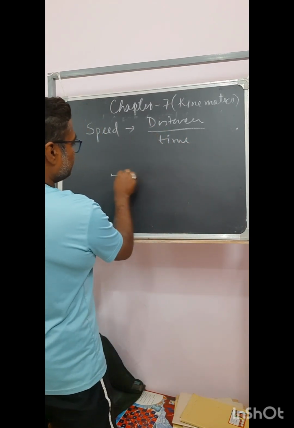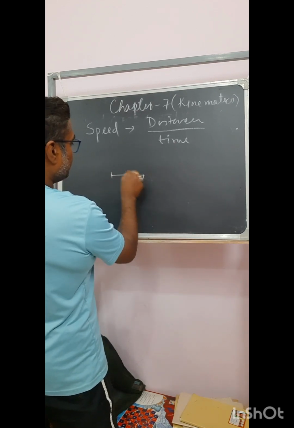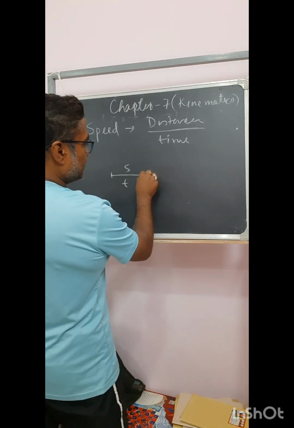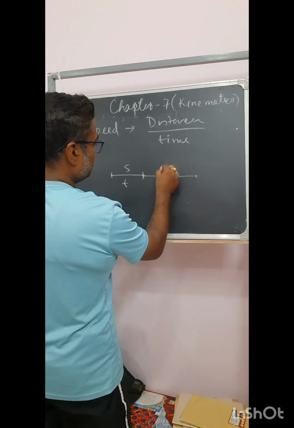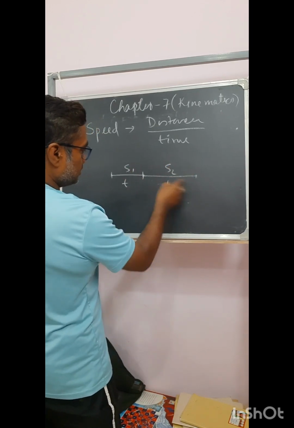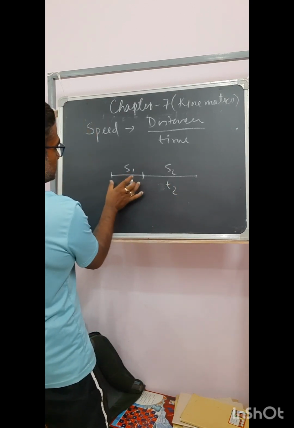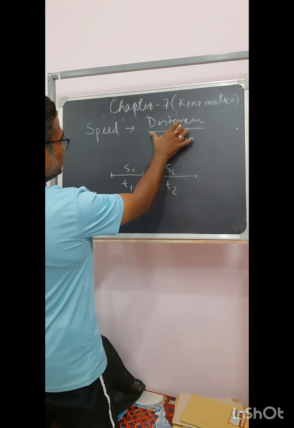Let's say a person is moving in some direction and I calculate the time and the distance covered, s. Now it can move further, with a time of 2t, and distance S1, S2, and times T1, T2 say. If I consider this one, the speed will be distance by time for that part.